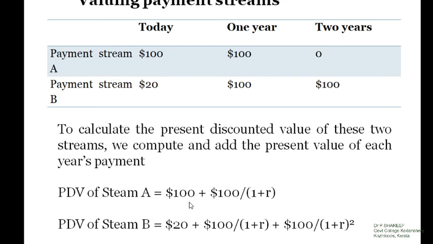Now present discounted value of stream A will be equal to $100 plus $100 by 1 plus R. Present discounted value of stream B will be equal to $20 plus $100 by 1 plus R plus 100 by 1 plus R square dollars. Here R represents the real interest rate.